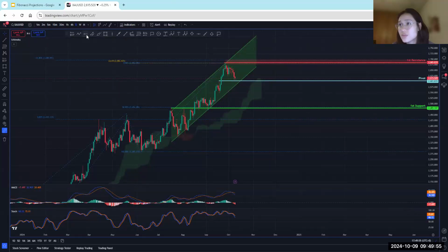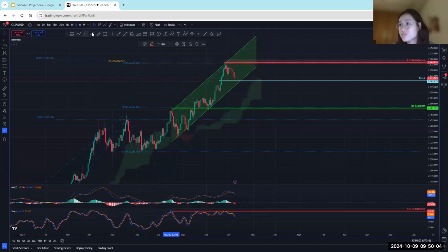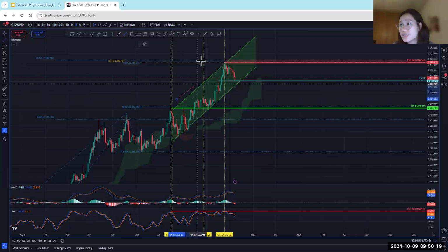Stochastic, here we have a hidden resistance level, which basically means, when you see the peaks here on our price chart, prices are making a higher high.